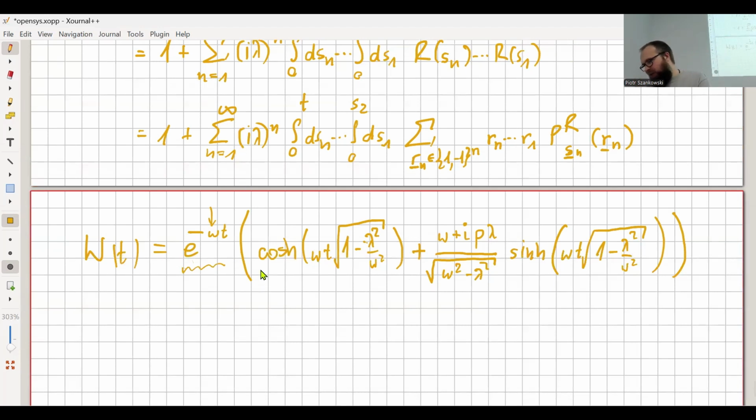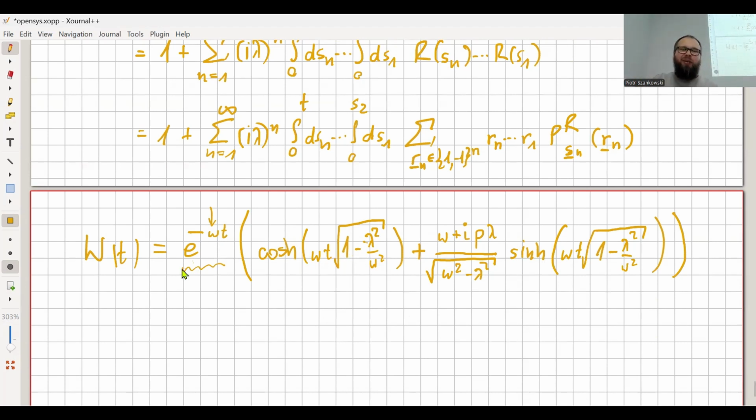And the thing to note about it is this ratio. If the rate is larger than the coupling strength, this is smaller than 1. So it's just 1 minus something smaller than 1, you get a positive number, the square root does nothing, it's okay.